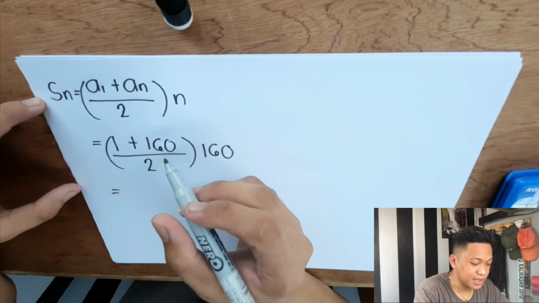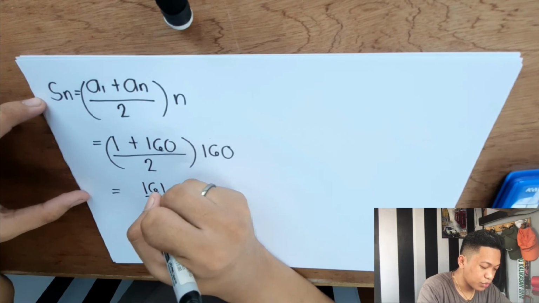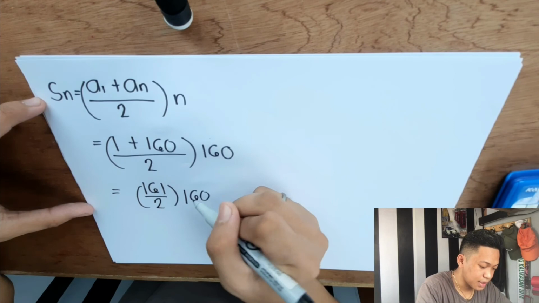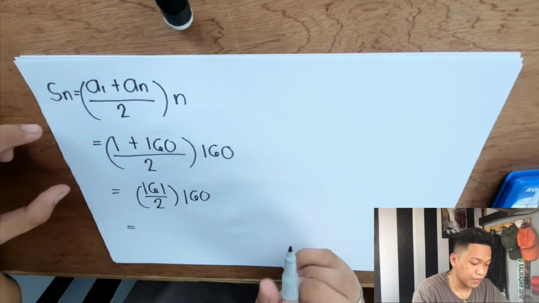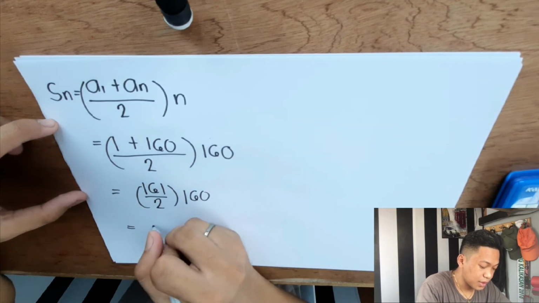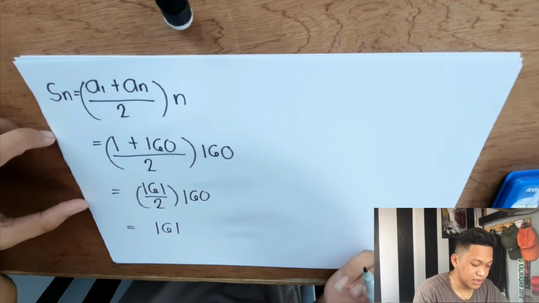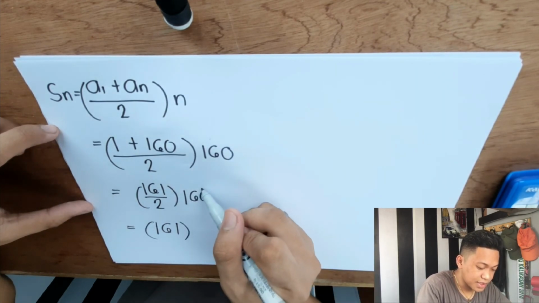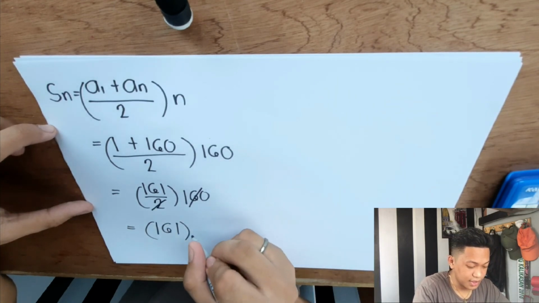1 plus 160 is equal to 161 over 2 times 160. So, we will use the cancellation method. So, magiging 161 times, cancel na natin to, 160 and 2, 160 divided by 2 is 80.